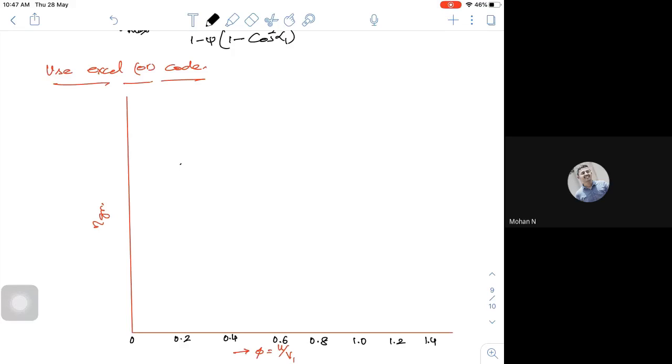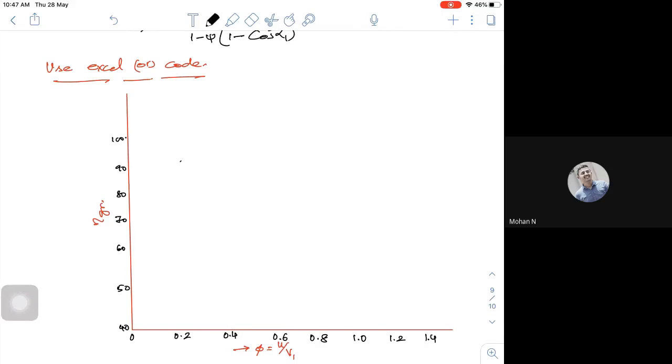On the y-axis, efficiency, 40, 50, 60, 70, 80, 90, 100. So you may get a plot something like this. For an impulse machine, you may get something like this, and for an impulse reaction multi-stage, you may get a plot of this nature.